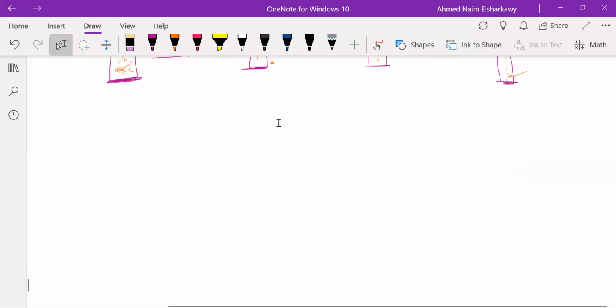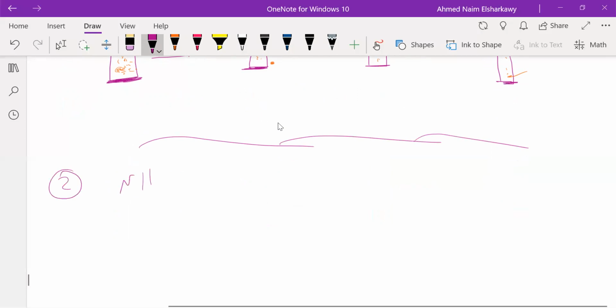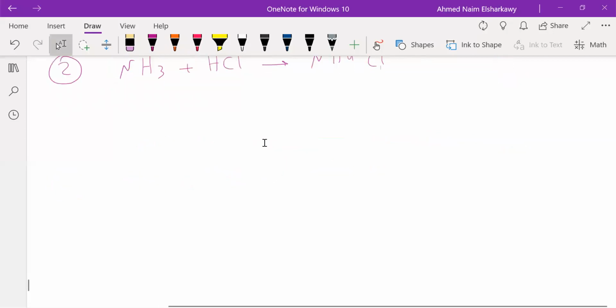Second experiment. We know that the reaction between NH3, ammonia, and HCl will form NH4Cl, right? So what will happen if I have a tube like this?